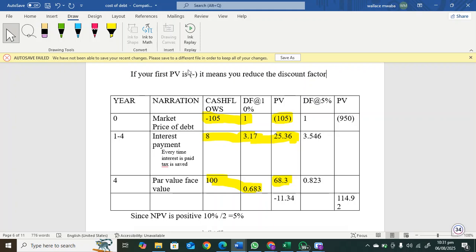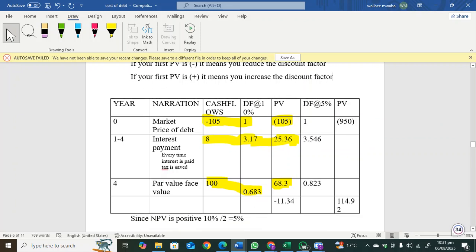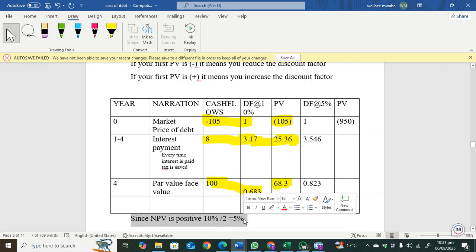Then if your first present value is positive, it means you increase your discount factor. It's up to you how you want to increase or decrease. Usually, if you're decreasing, just divide by 2, so that you're not doing trial and error.